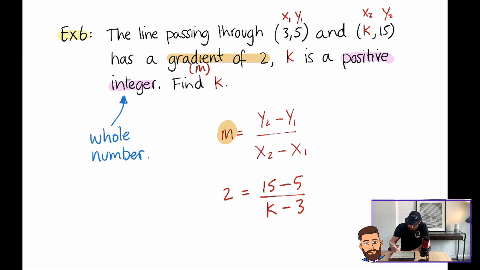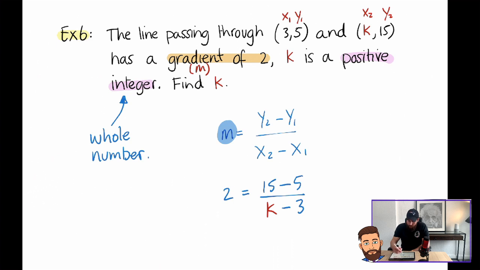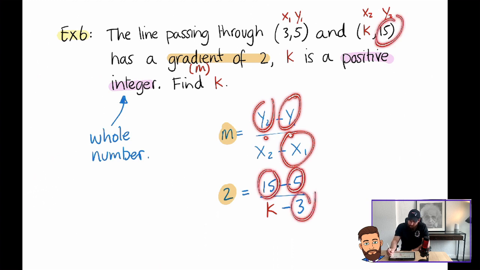So what I'm just going to do actually, I'm going to change everything apart from the k to blue, so you can see clearly that I have just put the k in. Okay, and maybe we'll change that back to the orange so it shows where the gradients come from. The gradient m was given, is 2, so I put 2. These y's and these x's here were just in the question, like all of the other examples.